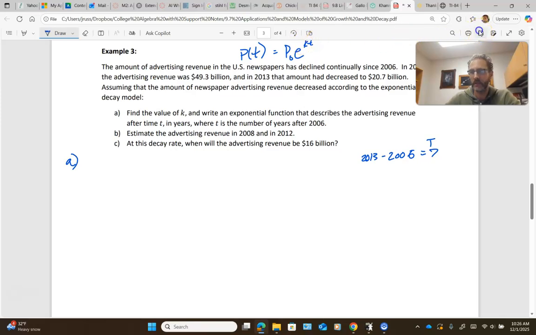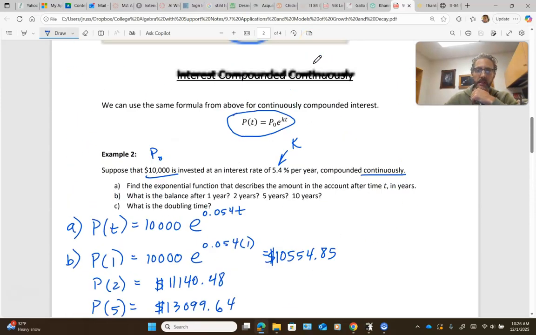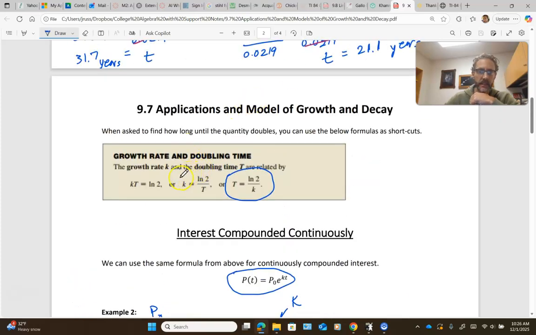So it would be another exponential equation. You'd solve it the same way we did that very first example. Dividing both sides by p0, taking the ln of both sides, and then dividing both sides by, in this case, t.